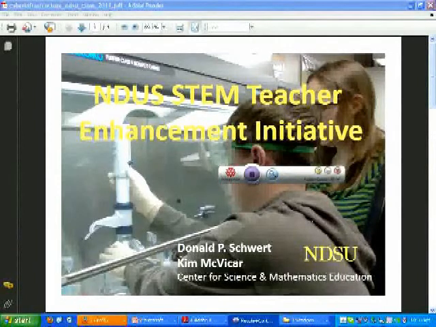The North Dakota legislature approved $1.5 million of funding to be distributed among the NDUS institutions, the four-year and research universities, to enhance STEM outreach from each of those campuses into the K-12 communities, as well as to network the efforts of these 6 NDUS institutions together in terms of a coordinated STEM approach across the state.